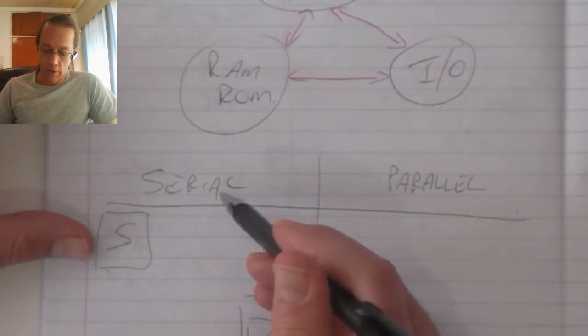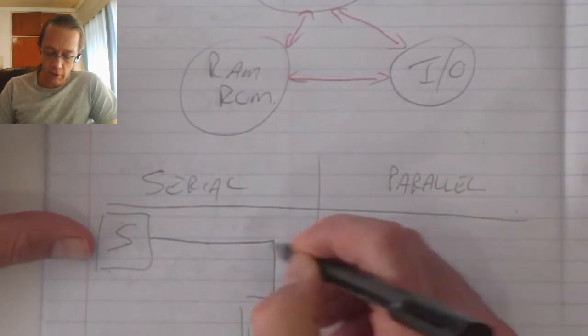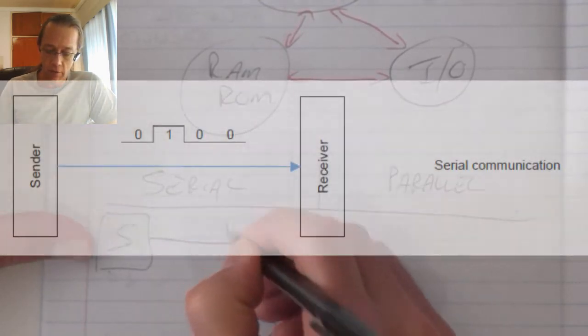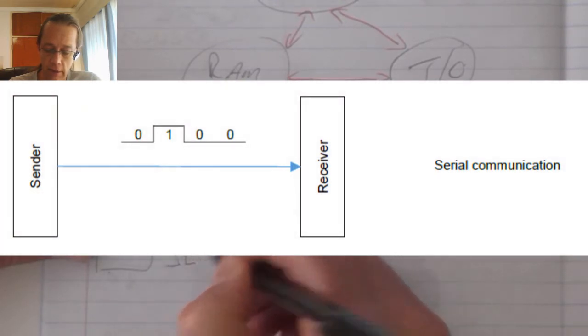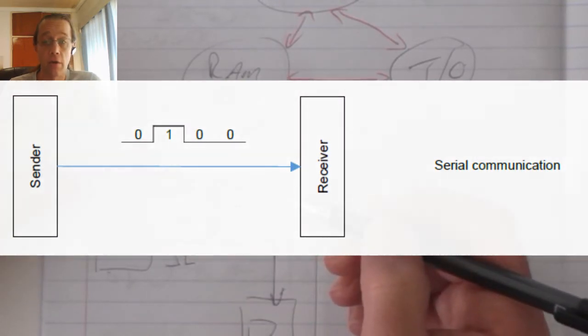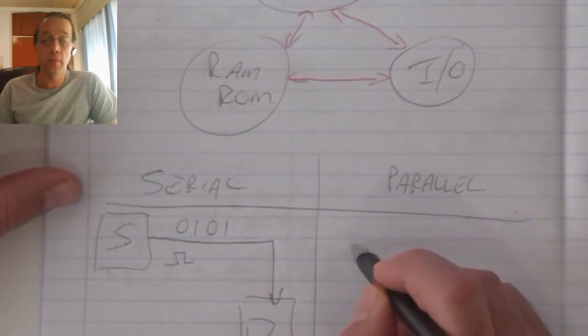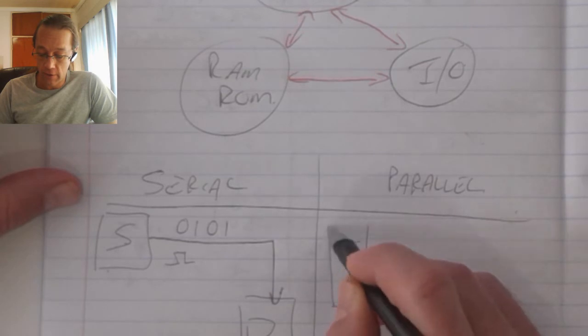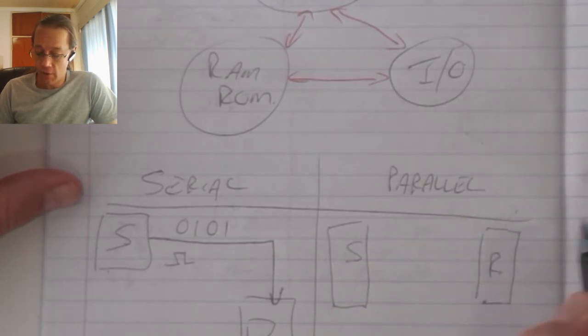So when it comes to the serial, we will have data traveling from the sender to the receiver 1 bit at a time for each clock pulse that is transmitted. When it comes to the parallel, however, we've got the same concept, sender and a receiver.